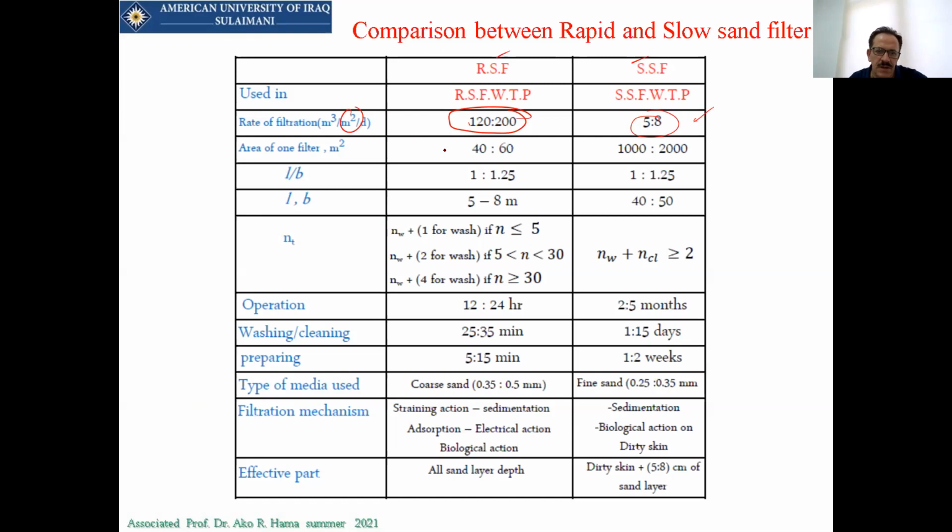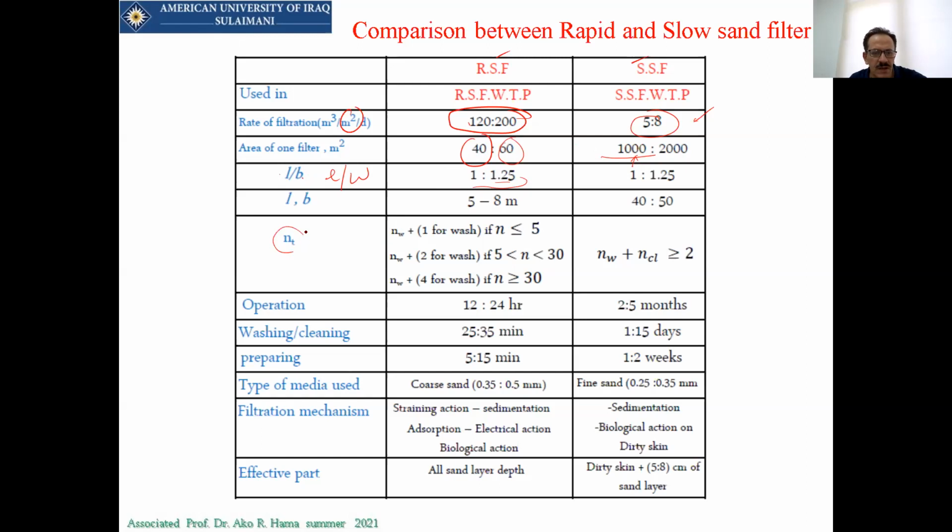The filter area here is usually no more than 40 to 60 square meters, while for the slow sand filter we need a large space, between 1,000 to 2,000. Then the length to width, L to W, usually it will be like a square shape.